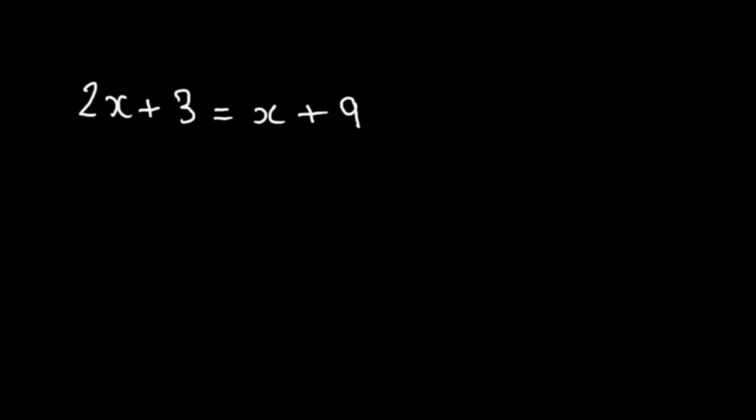Let's move on to a slightly different type. This one has x on both sides. To solve this, we need to bring all x terms to one side and all the numbers to the other. We bring the x from the right to the left. It becomes negative x.